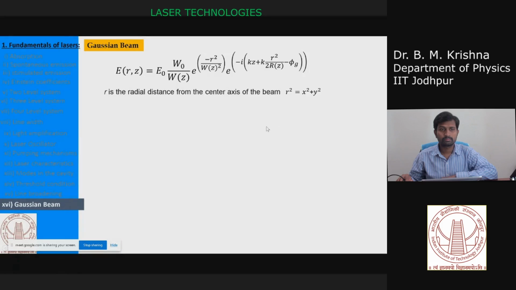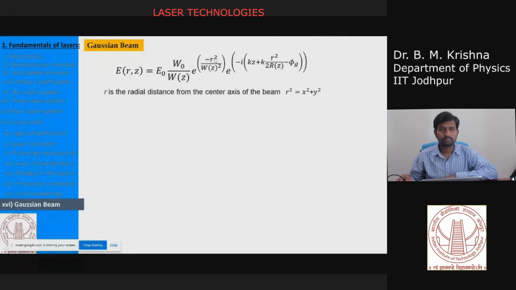If you take each cross section of the beam, it falls in the xy plane, because the polarization component of the electric field is always in the xy direction. That is the transverse mode of the electromagnetic wave, and the beam is propagating along the z direction.